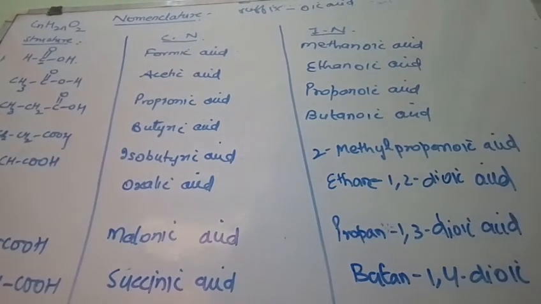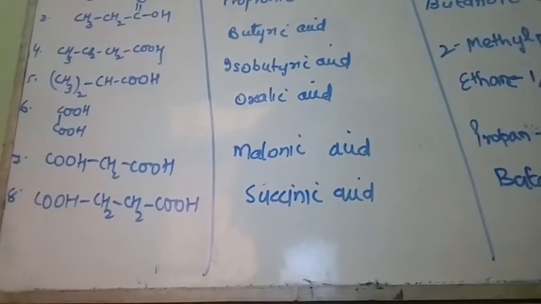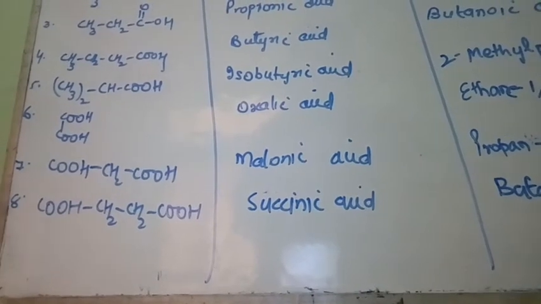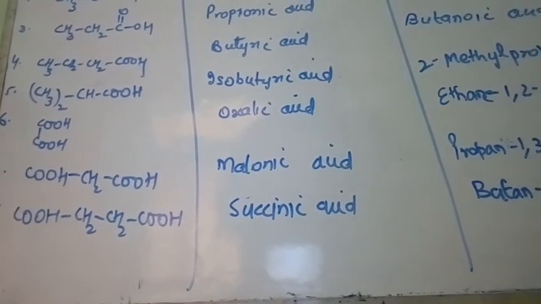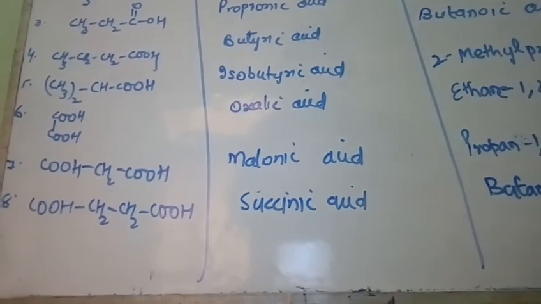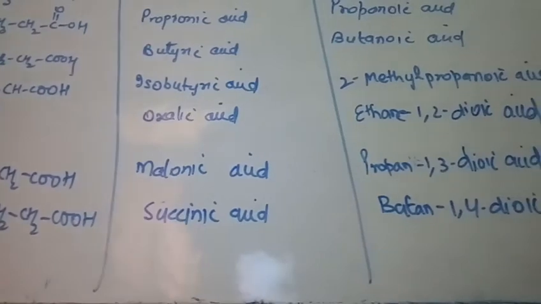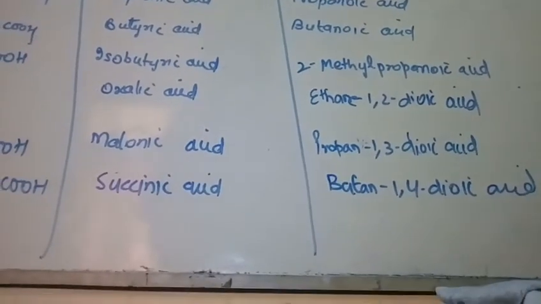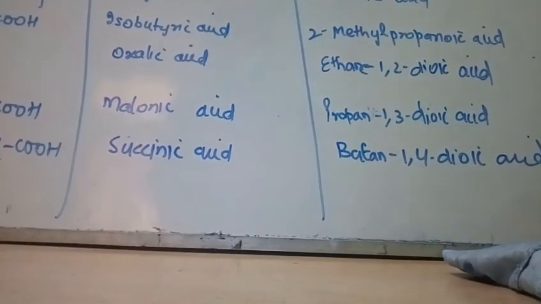Right. So see the structures. Formic acid, acetic acid, propanoic acid, then butyric acid, isobutyric, oxalic, malonic, succinic acid. Okay, and see their IUPAC names. Note down these compounds. I will then go further.